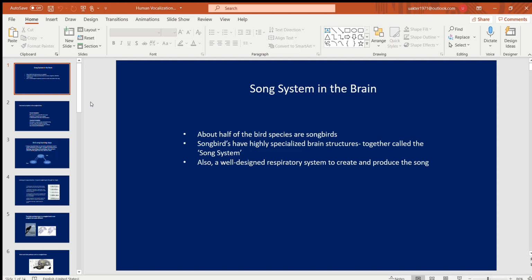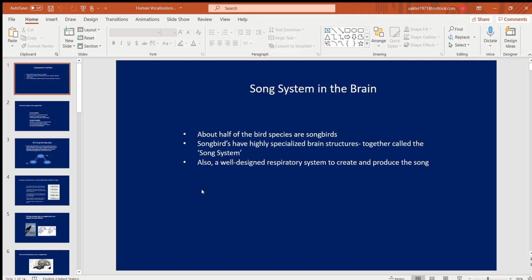Anyway, if you see the neural network in the songbird, there are many discrete brain regions that are interconnected in the brain. They form circuits, and there are distinctive circuits in the brain of the songbird, and each circuit is responsible for particular functions.